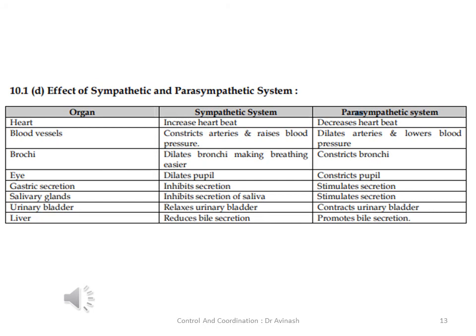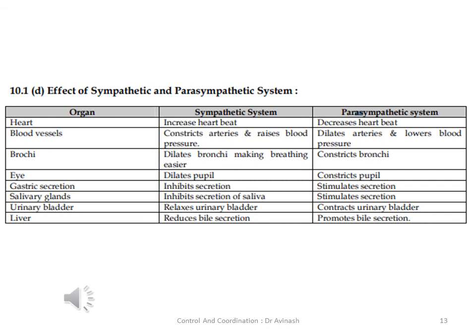Suppose if it is a heart, sympathetic system increases heartbeats, whereas parasympathetic system decreases heartbeats. Blood vessels: constrict arteries and raises blood pressure. If required, blood pressure needs to be increased, then constriction of arteries will be done by sympathetic nervous system.